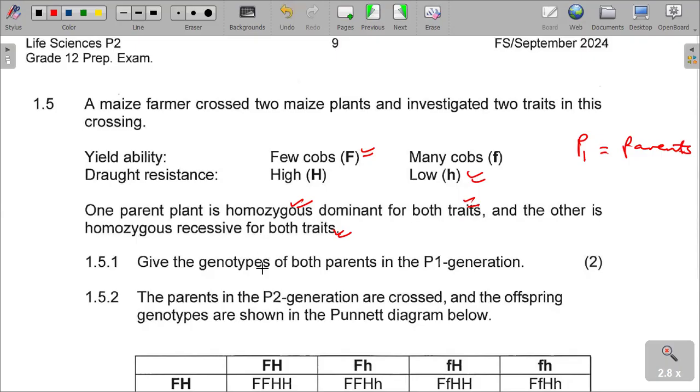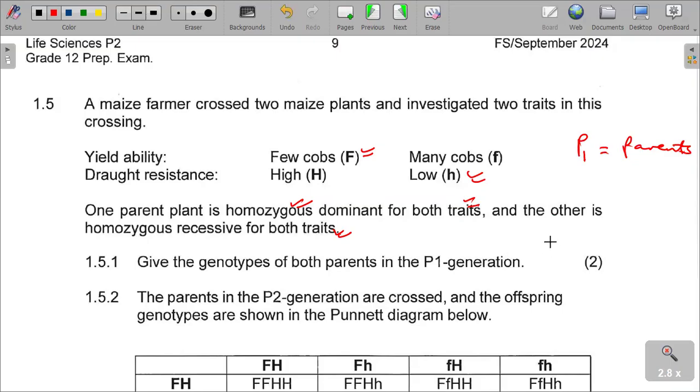So we are saying, give the genotypes of both parents in F1. This can easily be given, because we are saying it is homozygous dominant versus homozygous recessive.